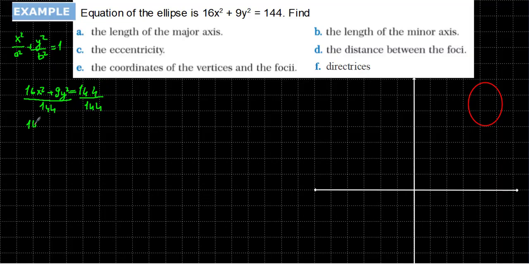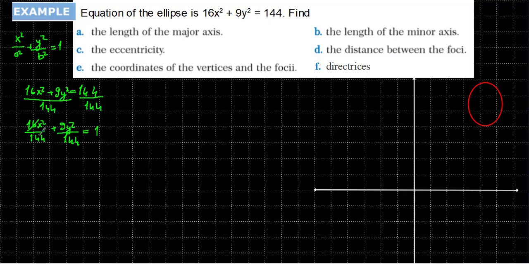So this is 16x squared over 144. You may separate the denominators and give different numerators. For this 144, and for this 144, which means 9y squared over 144. Now this side is equal to 1. As you see, it now seems more like the canonical equation, only we don't have x squared over a squared yet.